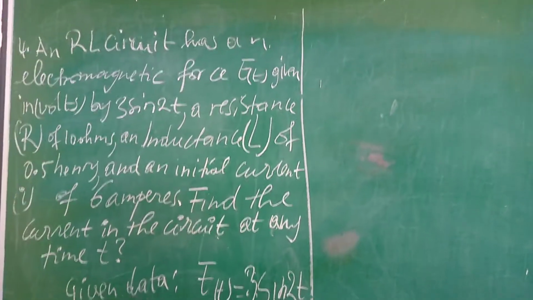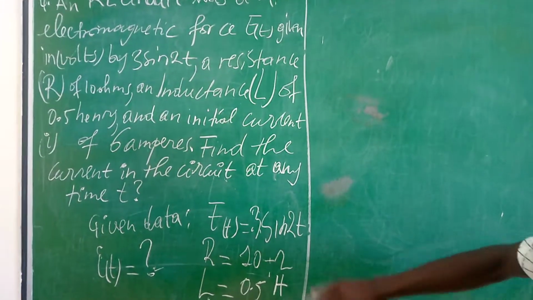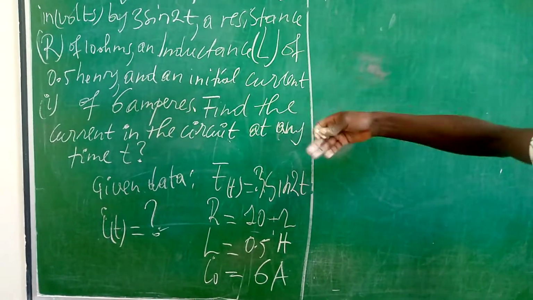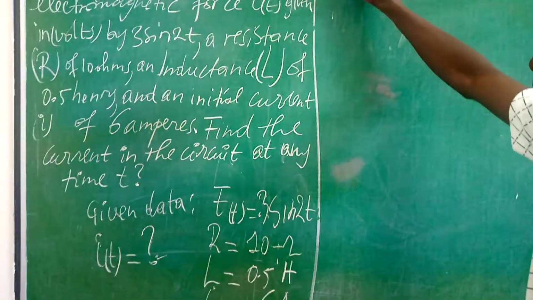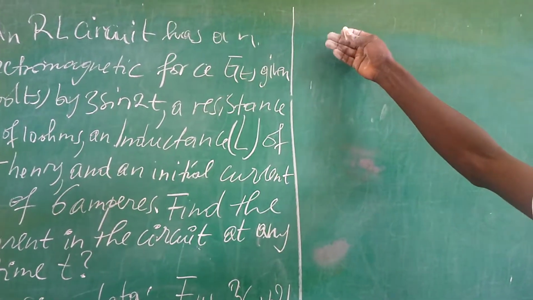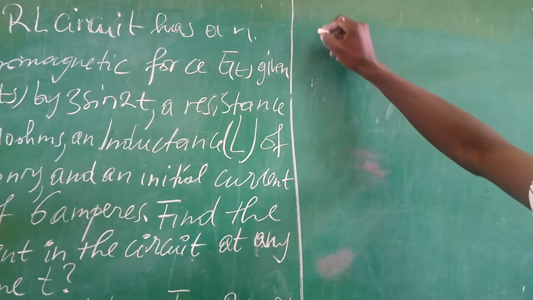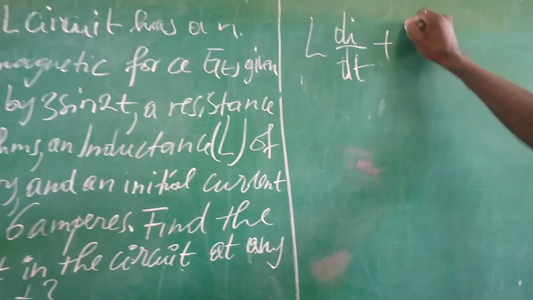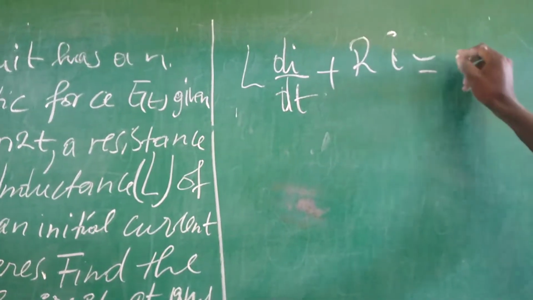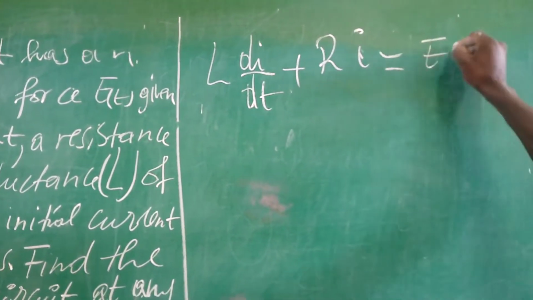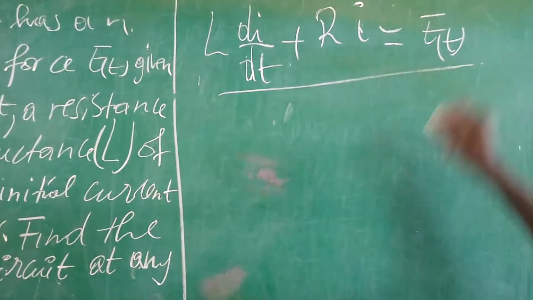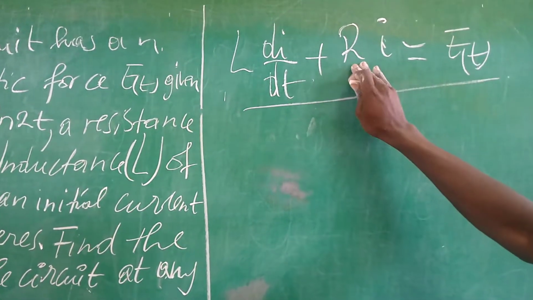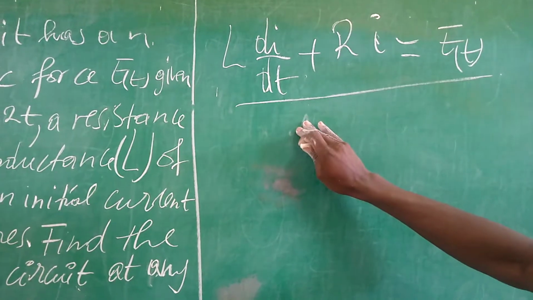If we have this data, we will just use the linear equation so that we can easily get our answer. So let's see how we can do this. We remember the equation of a series circuit, and we can put all the data given here in this equation, and then it will be easy for us to solve.